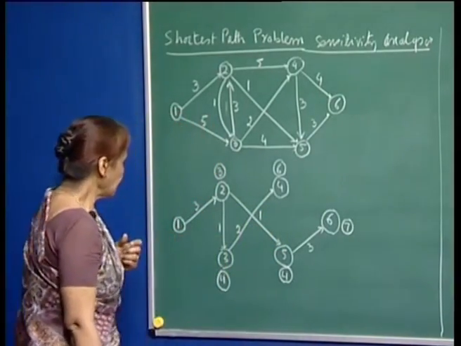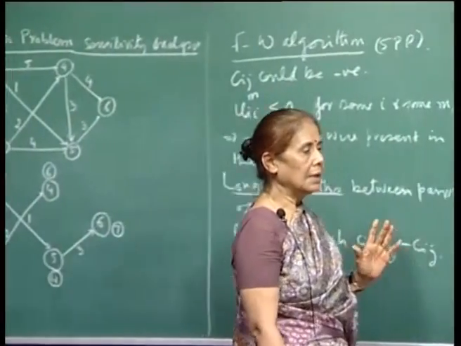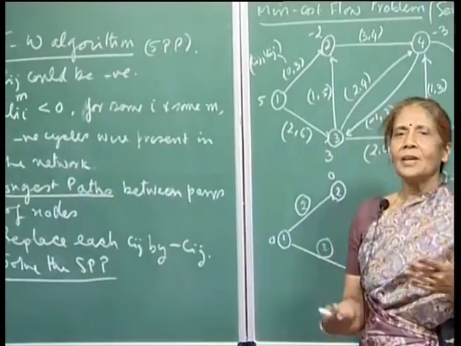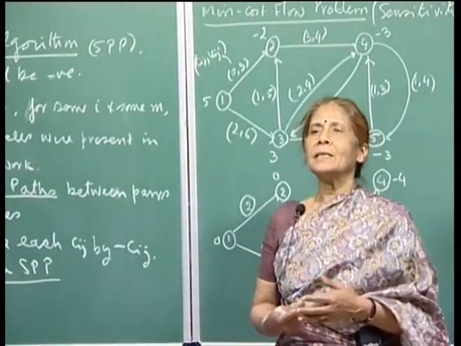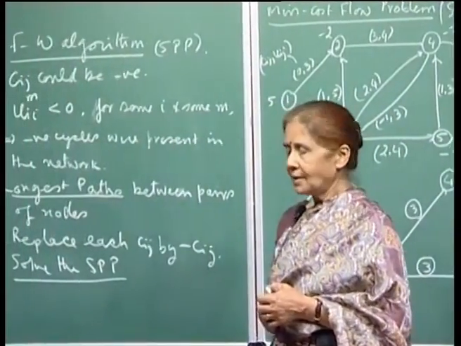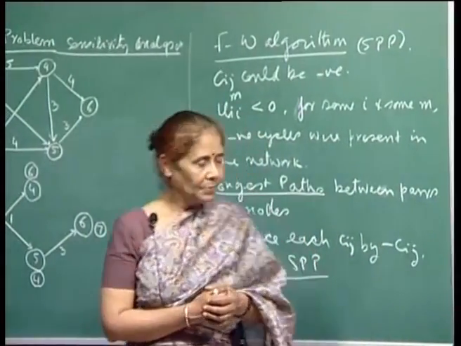Now the thing is that the moment you lose the simplex algorithm structure, the post optimality analysis requires more effort, and it's not as smoothly done as you do it for the simplex algorithm.